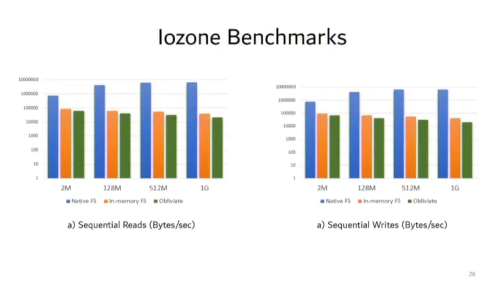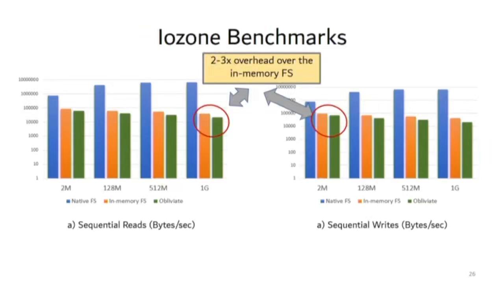We show IOzone benchmarks, and while comparing Obliviate and the in-memory file system, their performances are actually very similar. We have less than 3 times overhead against the in-memory file system. The reason is that the in-memory file system is extremely slow.